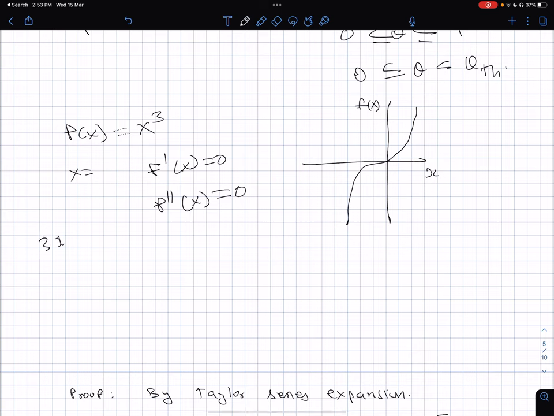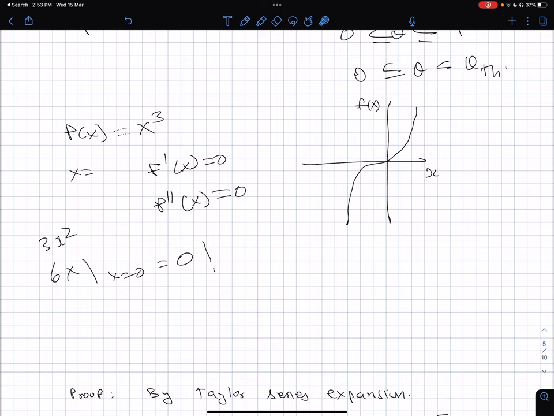So 3x square and then 6x evaluated at x equal to 0 is indeed 0. So this meets the requirement of positive semi-definiteness, but it is not actually a minimizer. The function reduces here all the way down, and it increases here all the way up.